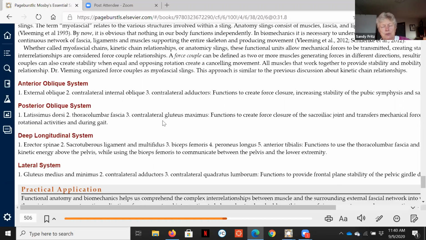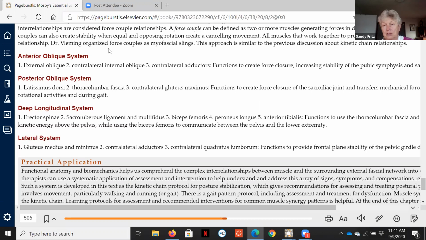And remember, with joints, we had force closure and form closure, and so there's a lack of integrity in a joint. This happens a lot at the sacroiliac joint. So muscles and connective tissues that would be more about movement or posture now have to provide joint stability.